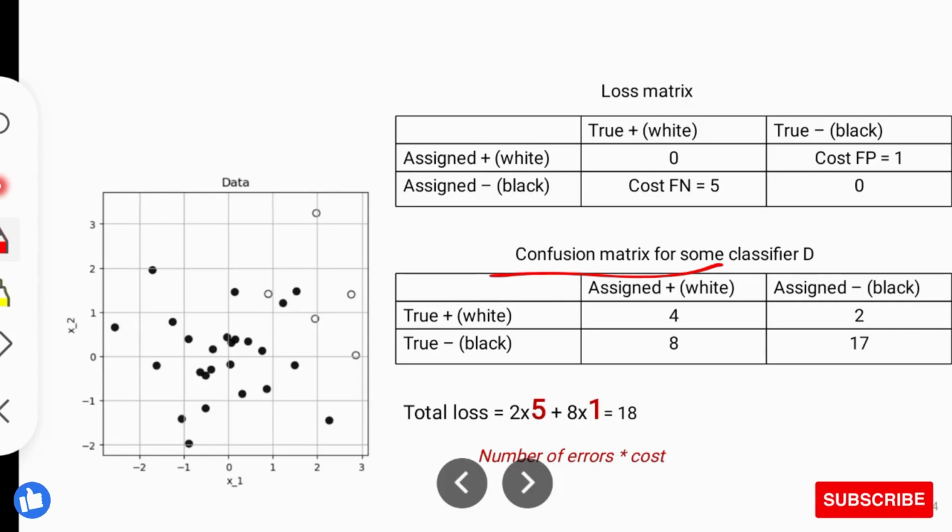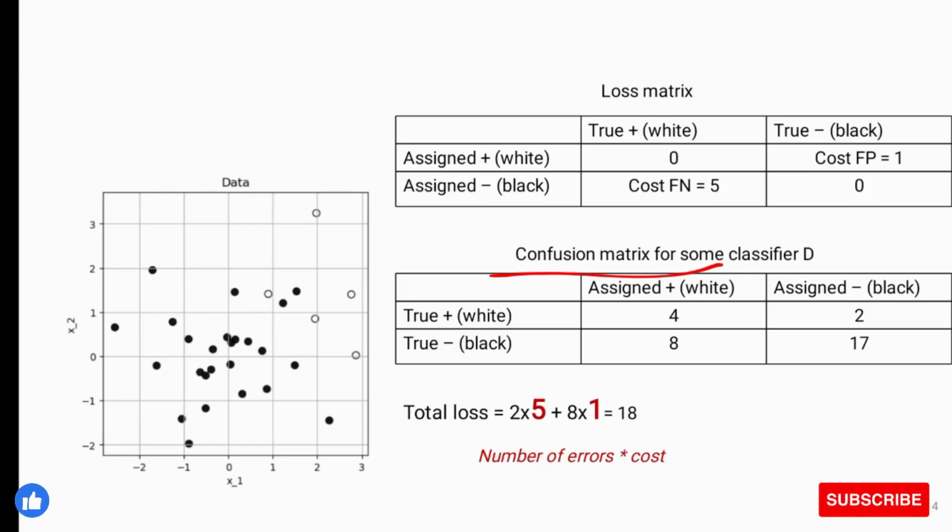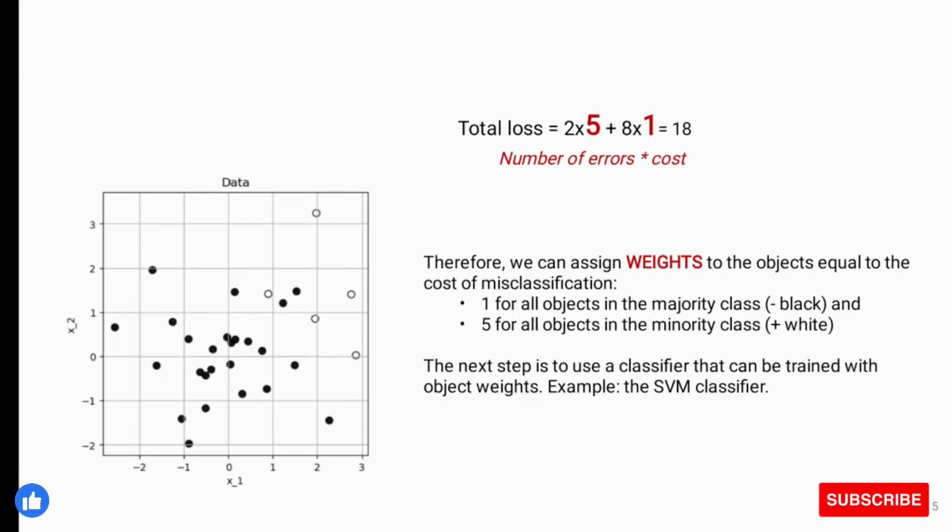I'd like to say yes, but unfortunately this is something that we've done as a discipline to try and separate a loss matrix and a confusion matrix, because they look, without titles, exactly the same. We know by convention for confusion matrices the assigned are the columns.